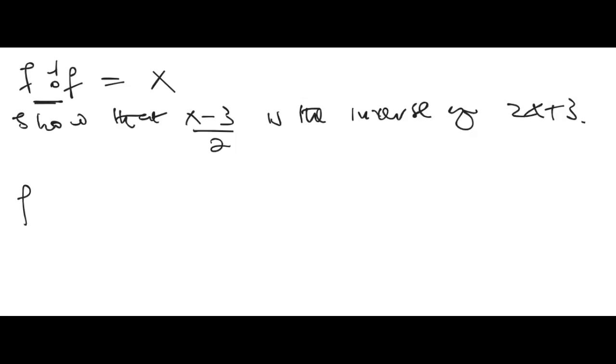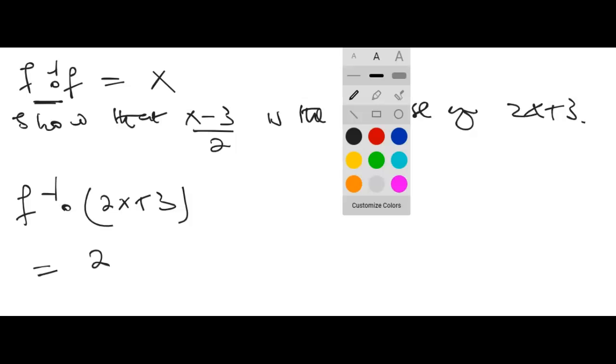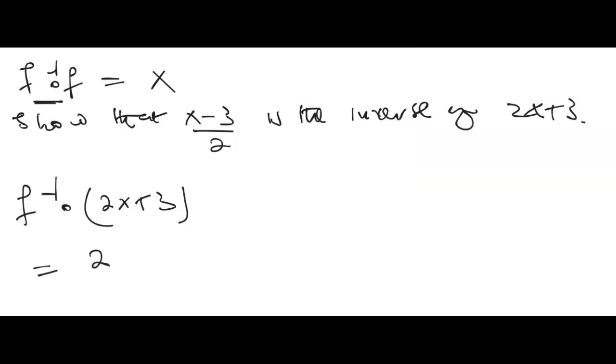And so all you are going to do is apply the inverse on the function 2x plus 3, and this becomes 2 times, now our x is going to be replaced by that.